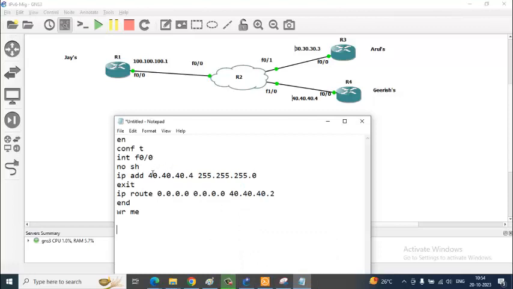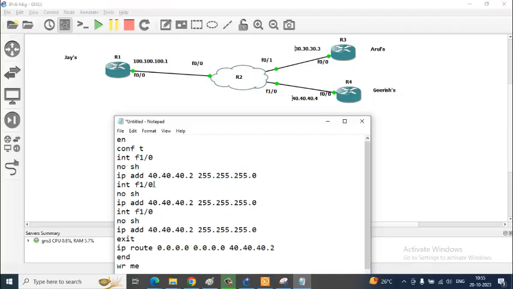Router 2's F1/0 is 40.40.42, F0/1 is 30.30.33, and F0/0 is 100.